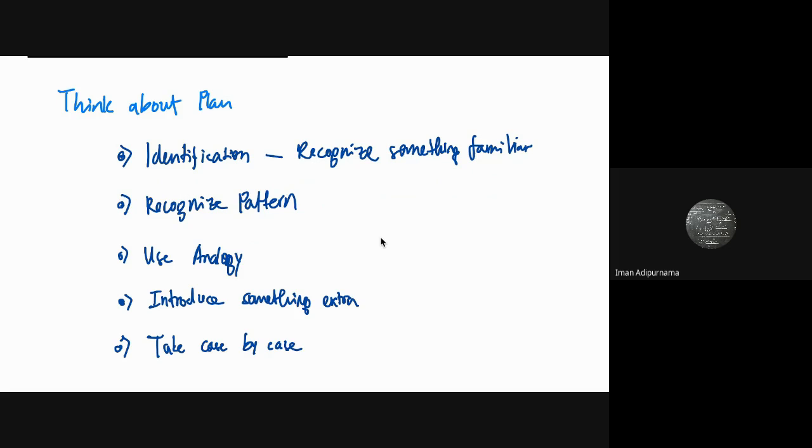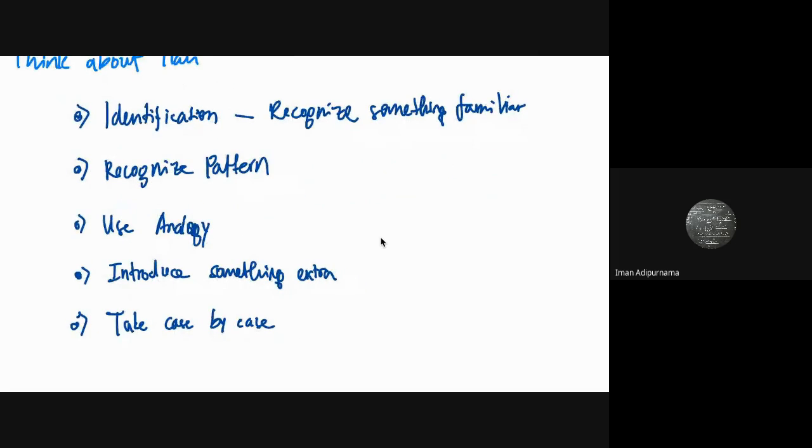What does it mean? Sometimes the problem consists of several cases. The goal may be just one goal, but to reach that goal, we need to work out from one case to another case, and you can take several cases. Like for example, in calculus you learn the integral, right? You learn the integral blah blah blah dx.